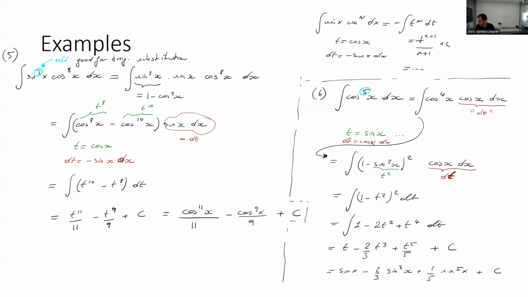If I split off a cosine, I'm going to want to substitute by sine, because the derivative of sine is cosine. And that means I have to write my entire integrand, my cosine to the power 4, as something involving only sine. Fortunately, that's easy because we know cosine squared is 1 minus sine squared. And therefore cosine to the power 4 is 1 minus sine squared, squared.